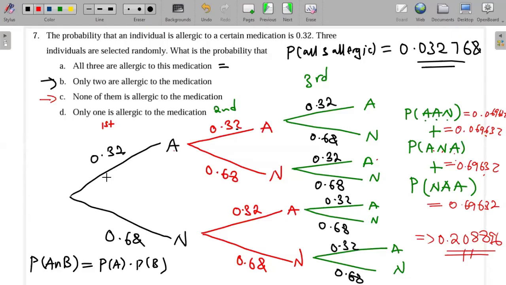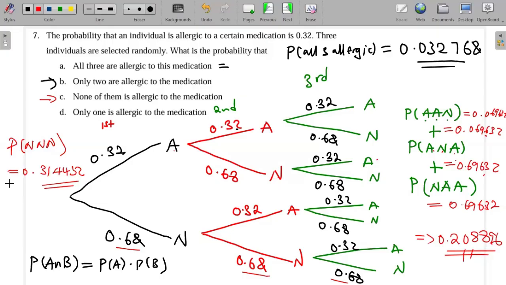So to find that, it will be the probability of n, n, and then n. So I'm just multiplying this with that. So what do I get when I do that? I'm getting 0.314432. So this is the probability of none of them being allergic. In short, the probability of not being allergic.